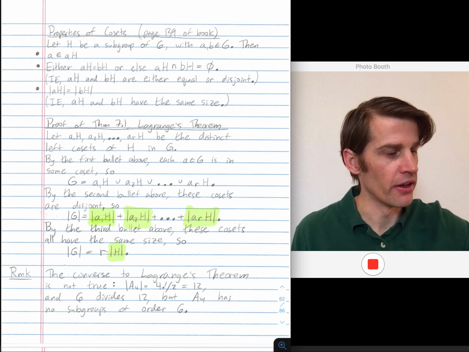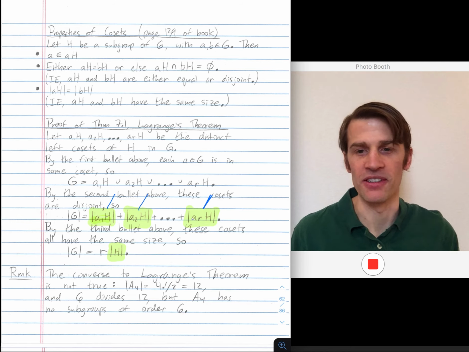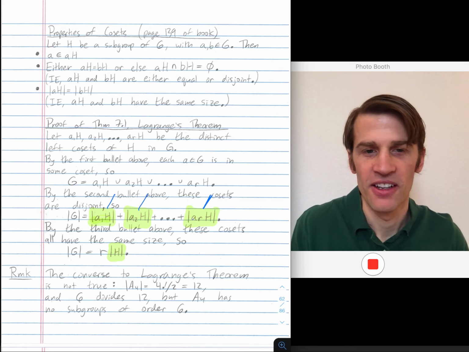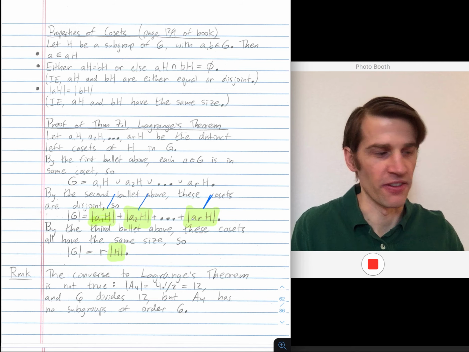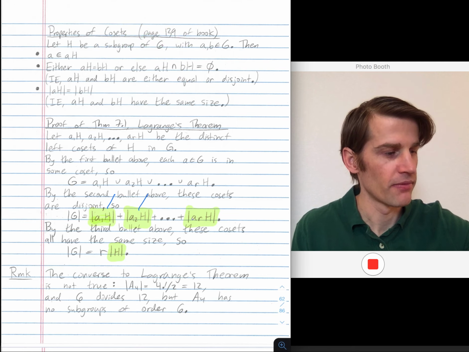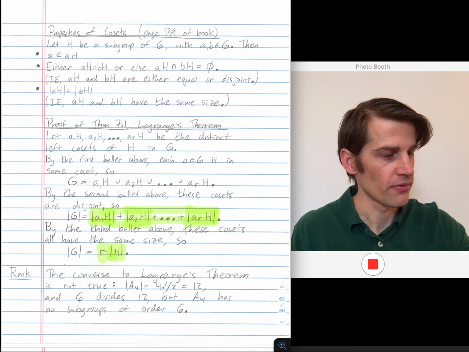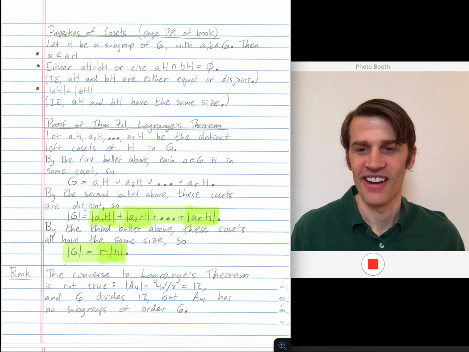I have 1, 2, 3, 4, all the way up to R of these pieces. I have R pieces, all of size the size of H. So the size of the left-hand side of that equation is just equal on the nose to R times the size of H. So in summary, the size of the group is just equal to R times the size of H.